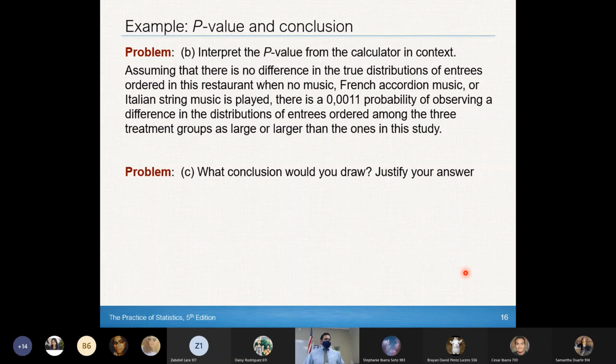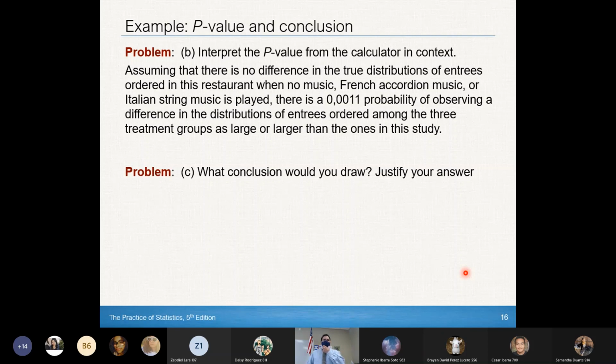Assuming that there is no difference in the true distributions of entrees ordered in this restaurant when no music, French recording music, or Italian string music is played, essentially assuming the null hypothesis is true, there is a 0.0011 probability of observing a difference in the distributions of entrees ordered among the 3 treatment groups as large or larger than the ones in the study.